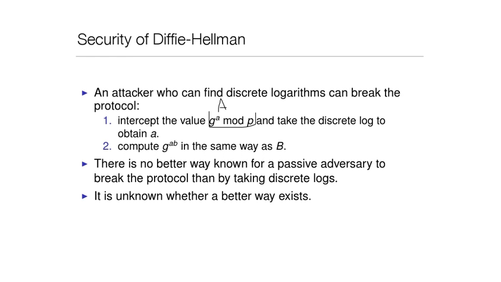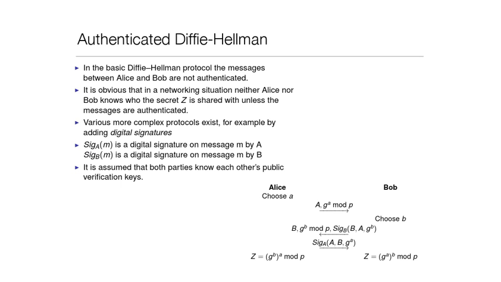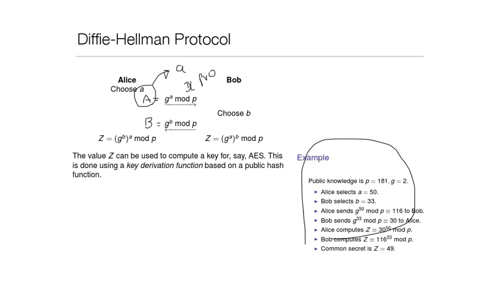Then we should talk about authenticated Diffie-Hellman. Here you can see there is no authentication in the Diffie-Hellman protocol. Alice chooses a, the small a, and computes the capital A value. Bob chooses small b and computes the capital B value, and they exchange the two values.